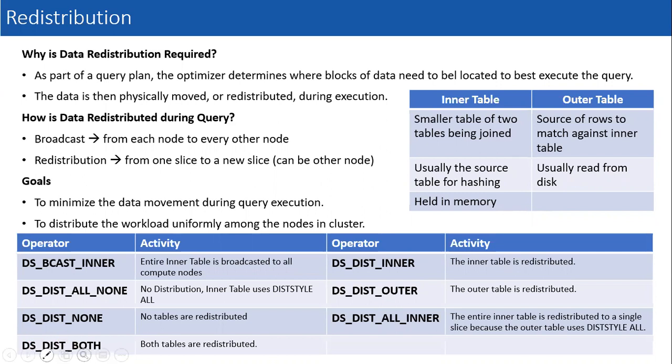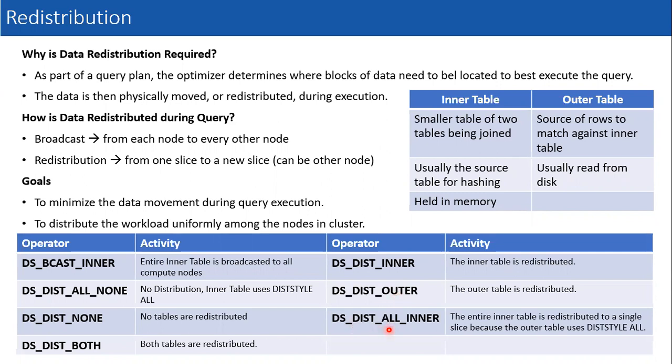This is the point where your CPU utilization will go to peak, because you're distributing the entire data to the entire set of nodes. And if you're distributing your outer table, that is a bad design. Your outer table, by convention, will be a larger one compared to the inner table. So if your outer table is going to be distributed across, it's going to be a nightmare for your Redshift cluster. So this is the next worst case.